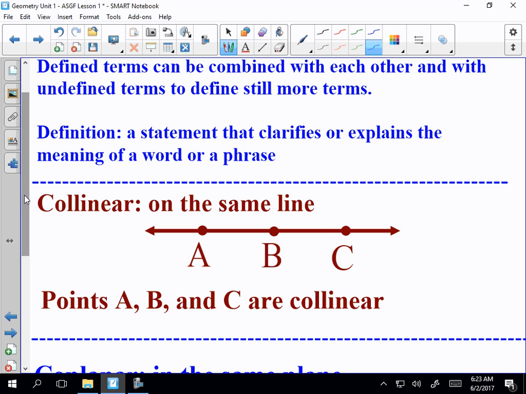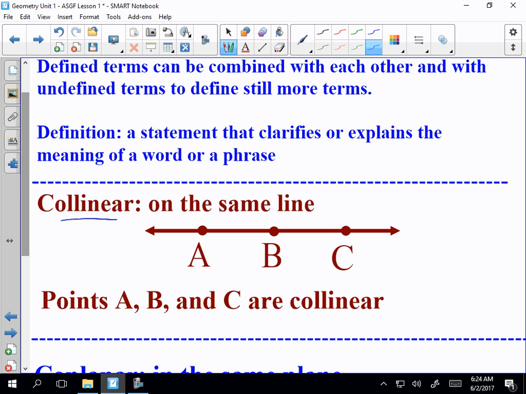It's kind of like a definition: you never want to use a word in the definition of a word. So we can't say that a dog is blah, blah, blah, a dog. We have to always have something that we build definitions based off of. That's why we have the undefined terms that are the building blocks for everything that we use in geometry.